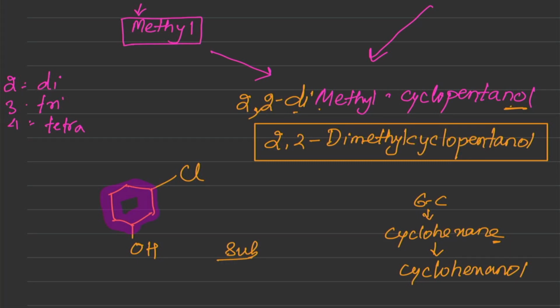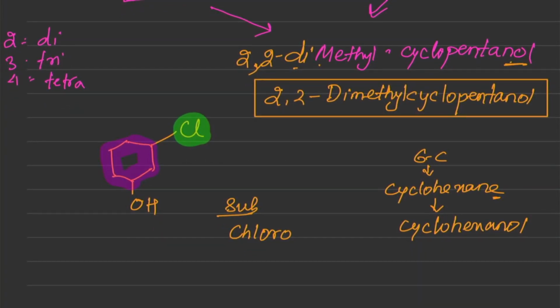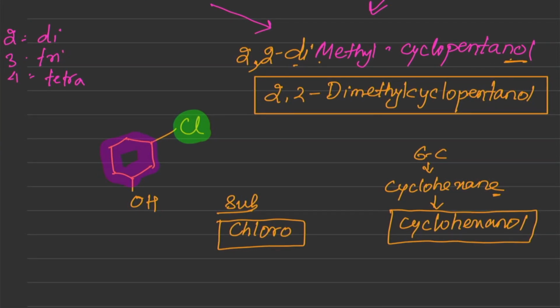Now what is the substituent here? The substituent is a chlorine. When you have a halogen as a substituent, and halogens are chlorine, bromine, fluorine, iodine, we write them as chloro. So we got all the names: chloro, cyclohexanol. How about the number? How can we number them? I'll start here 1, 2, 3, 4, 5, and 6, because that's going to give me the lowest possible number.